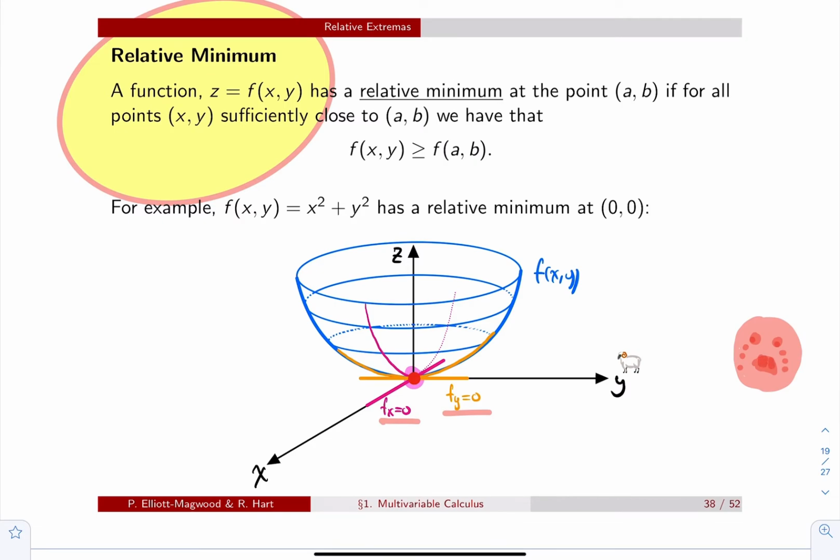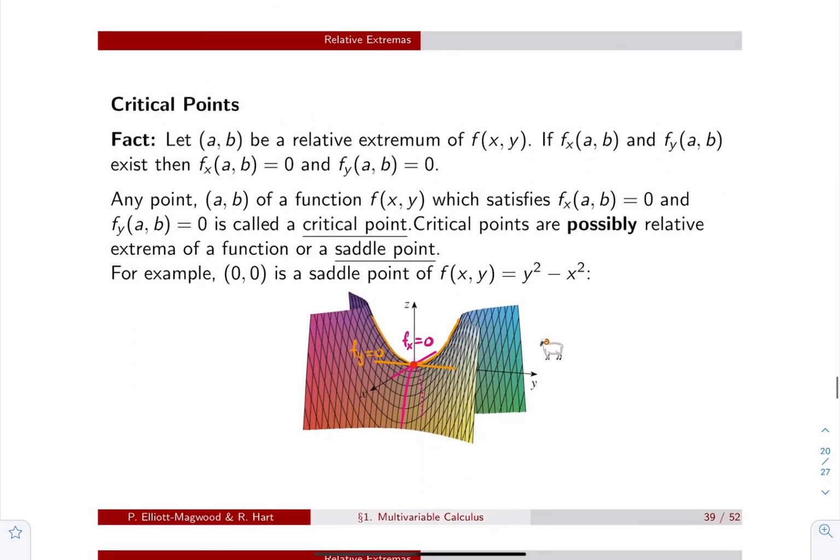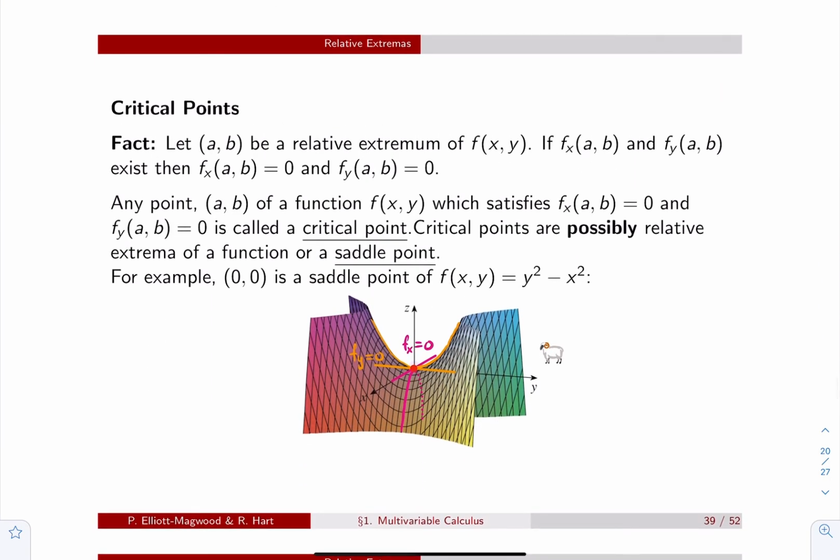Anyways, okay, so top of a mountain, local max, bottom of a lake, local min. So we can summarize some of the ideas that I've just talked about in the following fact that will lead to the definition of a critical point for a function.